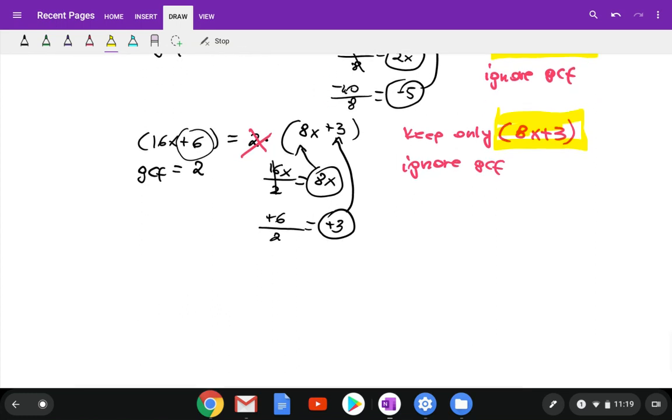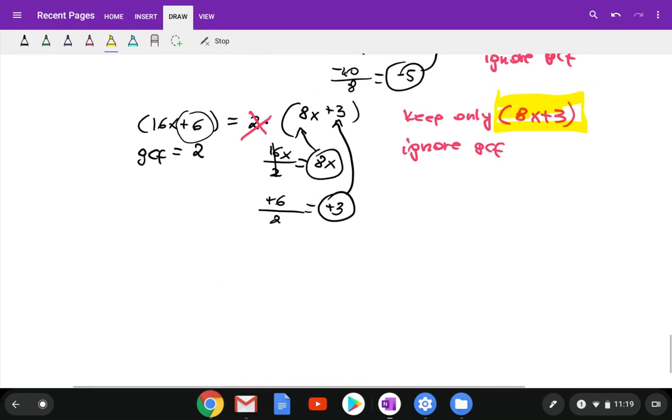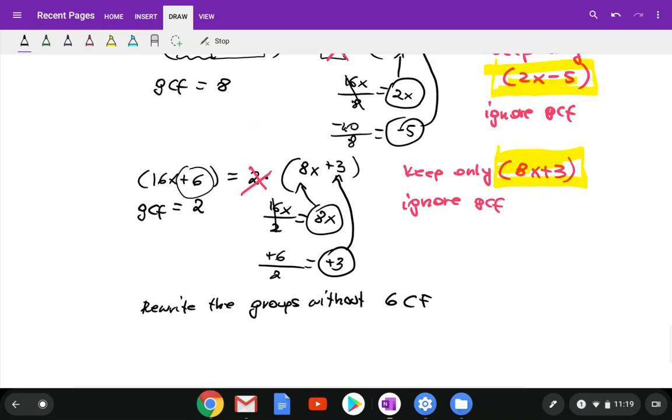So let's move on. Next was to rewrite the parenthesis groups without the GCF. Okay, so we have 2x minus 5 times 8x plus 3.